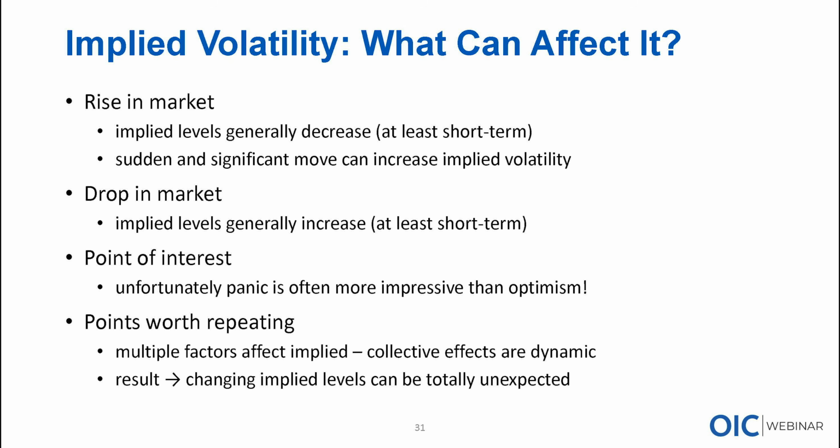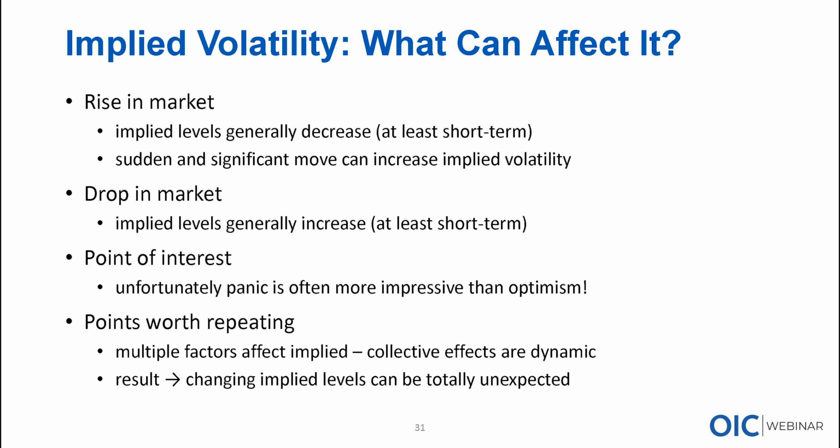So some different things can affect implied volatility, certainly a rise in the market. One thing that I'm sure you've seen if you've been investing for any period of time: option markets and stock markets, and really any investment that you have out there, decline infinitely quicker than they appreciate in value. The market reacts to bad news much more quickly than it reacts to good news.